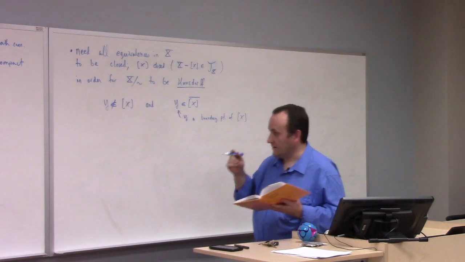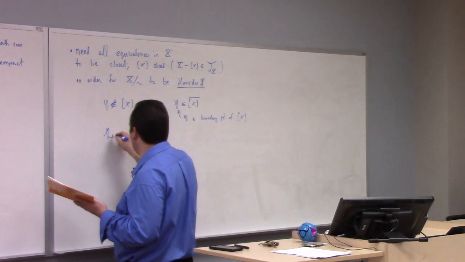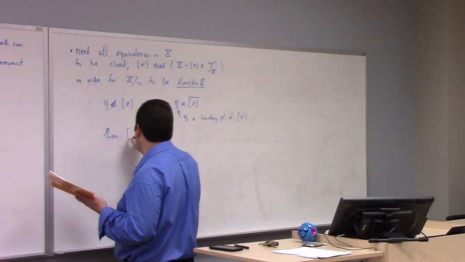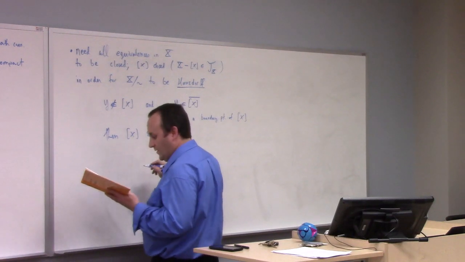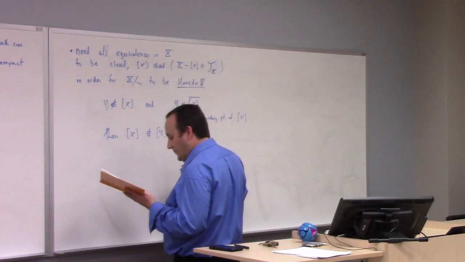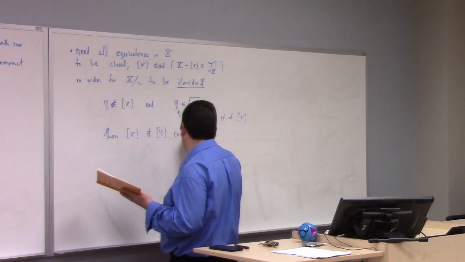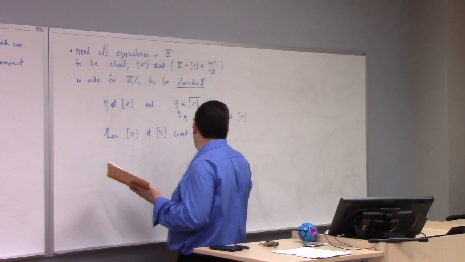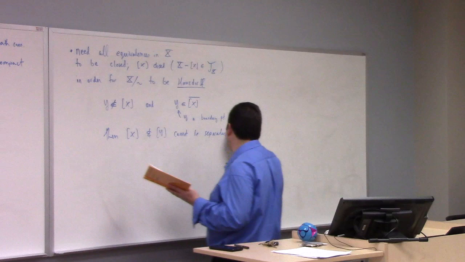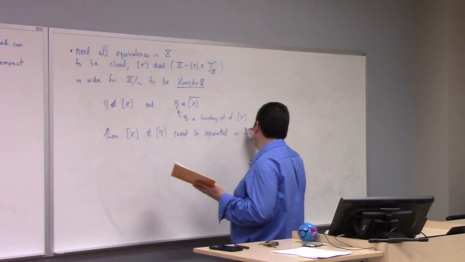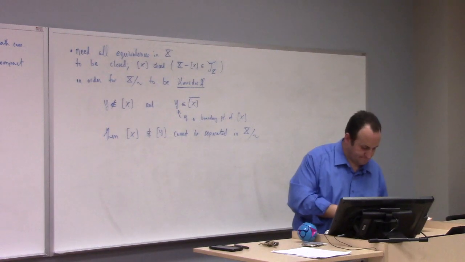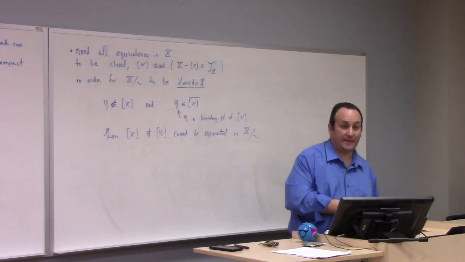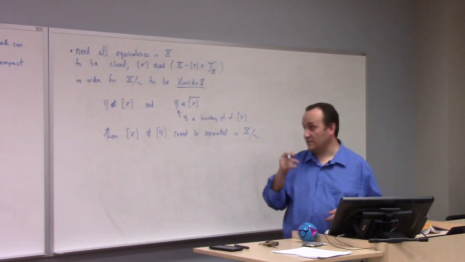His claim is that then the equivalence class of x and the equivalence class of y cannot be separated by disjoint neighborhoods in the quotient space.